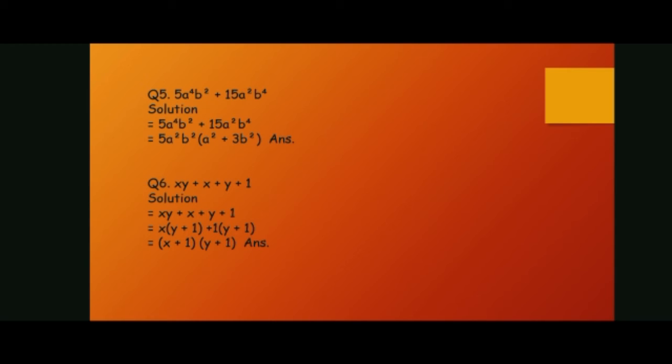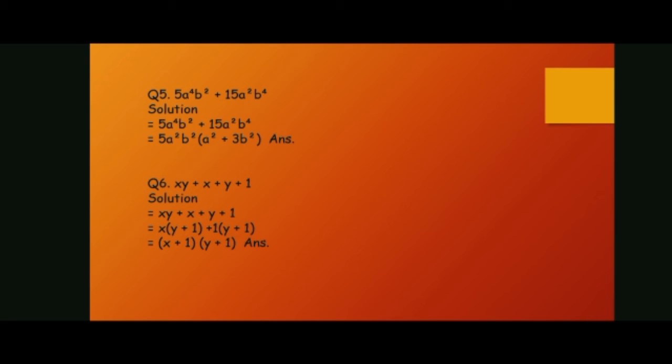So we have written a square in the bracket, then plus sign, 5 threes are 15, a square is outside, b to the power 4, b is 4 times. We have taken b square as common, so the remaining b square must be in this bracket. So we got the answer as 5a square b square into a square plus 3b square. These are the factors that we are asked to find.